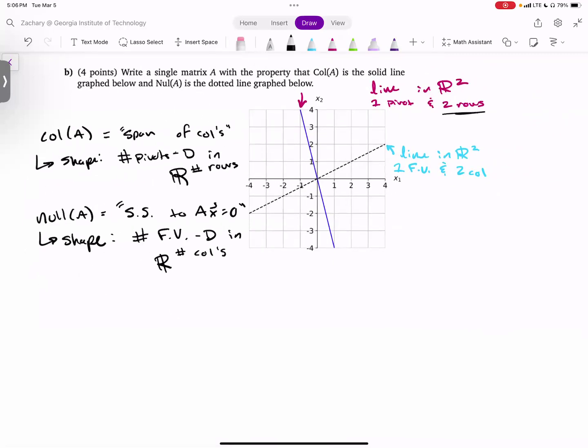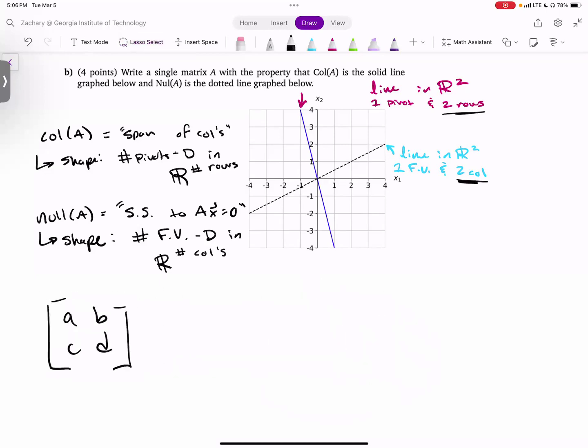So from here, the big thing to look at immediately is that we have 2 columns and 2 rows. So we're going to have some matrix that's going to look like this, 2 by 2 with A, B, C, and D. Okay.